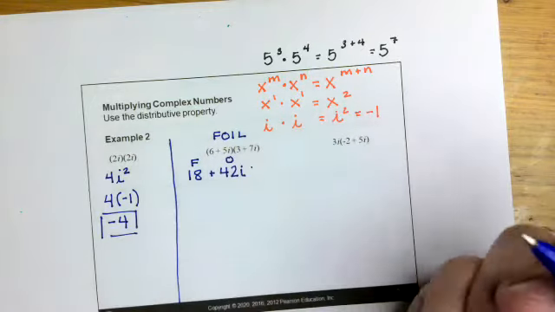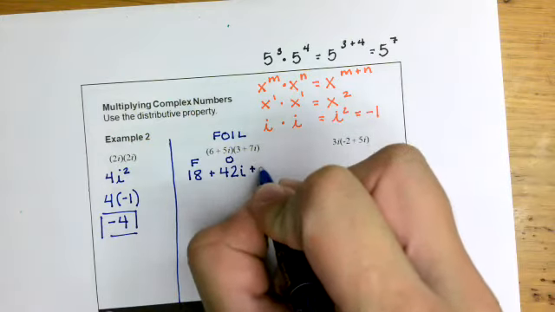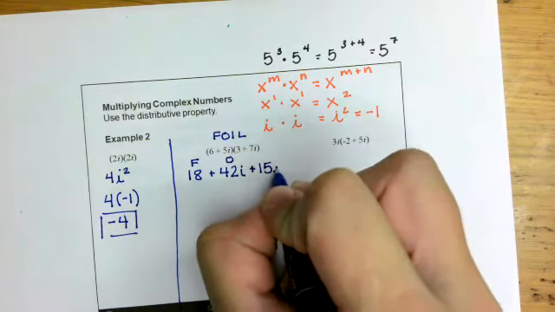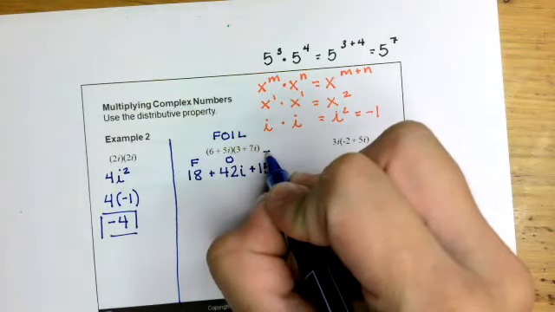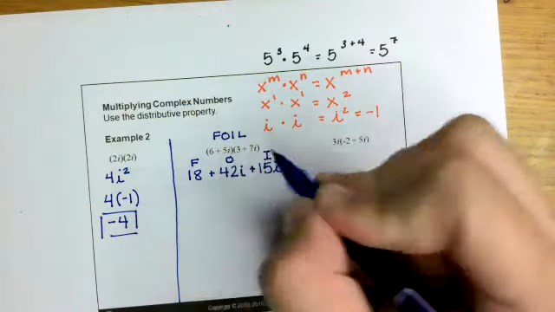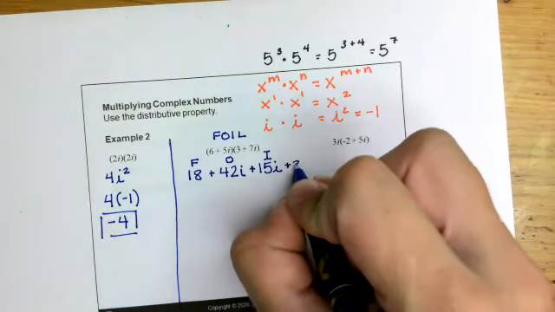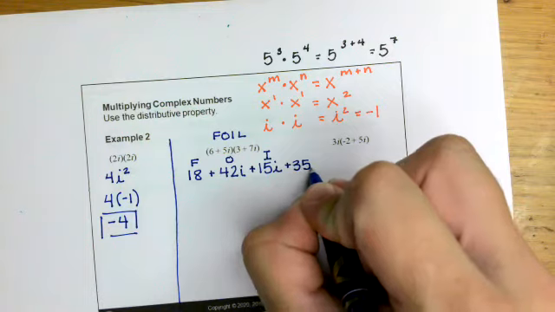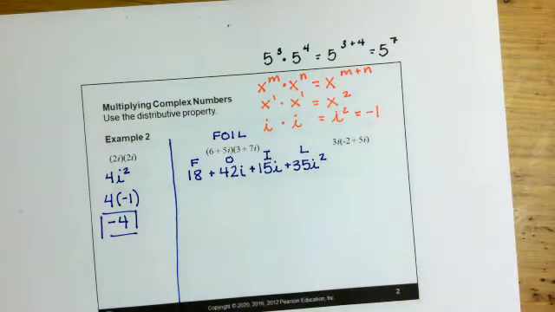Inside, positive 5i times positive 3, positive 15i. Last, 5i times 7i, 5 times 7 is a positive 35. I times I is I squared. So we just FOILed the two binomials because we were multiplying them.